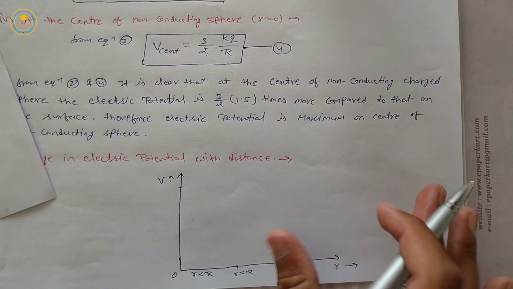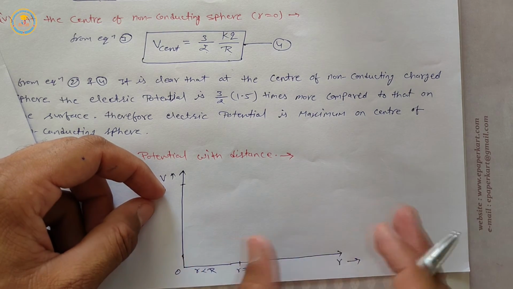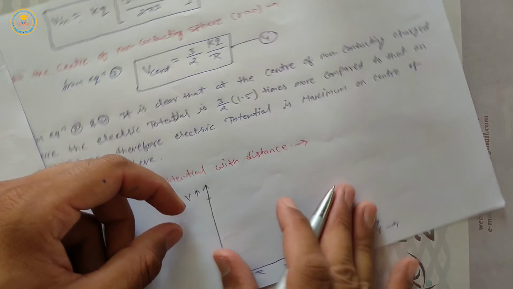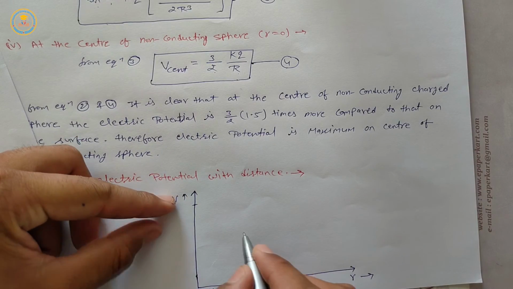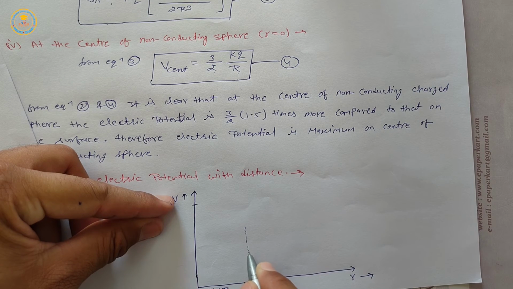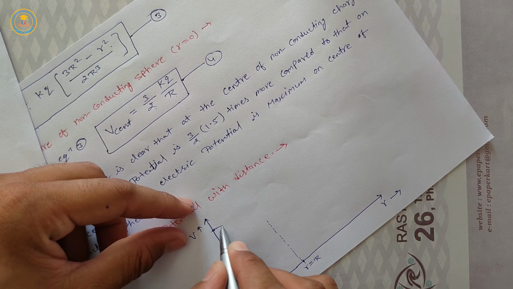From these expressions we draw a graph between V and r. So in the inner part, if we increase r, then the potential will decrease like this.